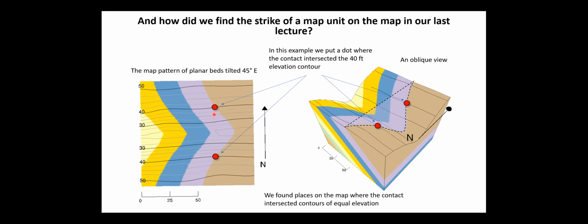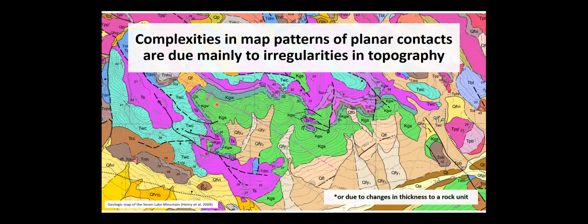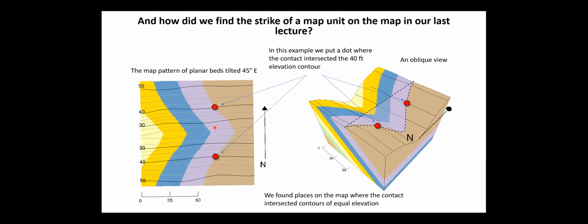So that's these two red dots showing our contact intersecting the same elevation contour, 40 feet. If we connect a line between these two, then that's actually the strike in map view. So we would take an azimuth of that.